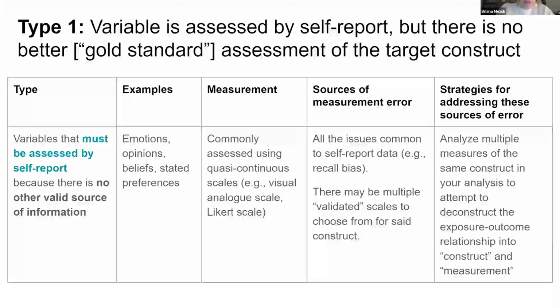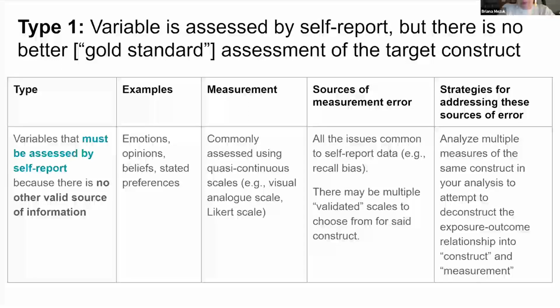I'm going to propose five types of variables relevant to biopsychosocial research. The first type of variable is one that is assessed by self-report, but there is no better, or what we might call gold standard, assessment of that target construct.